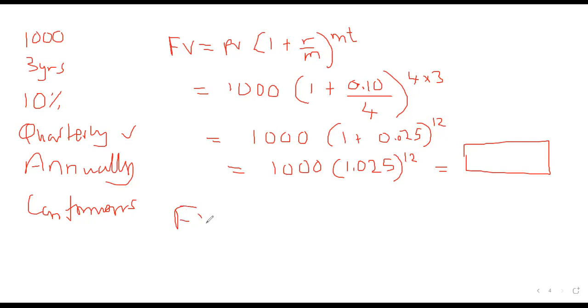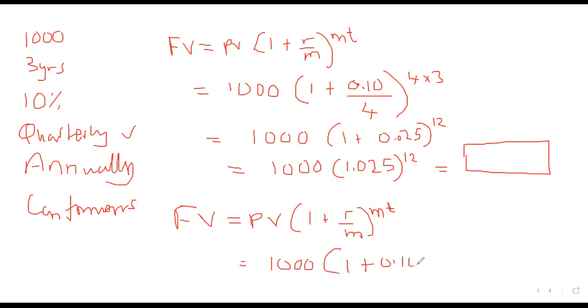For annually, we still use the general formula, 1 plus r over m, to the power mt. So here we have 1000, our rate is 10%.